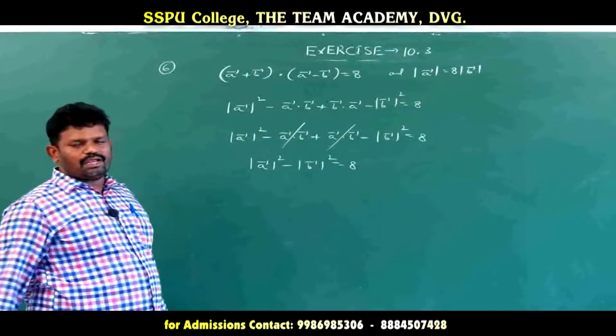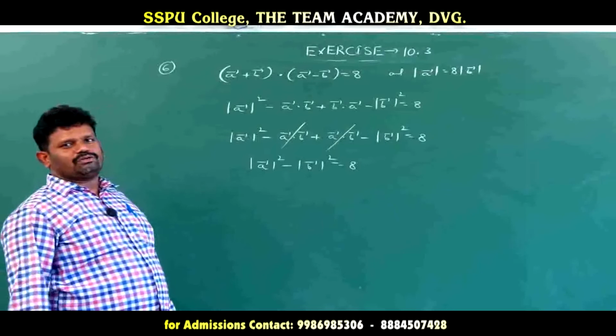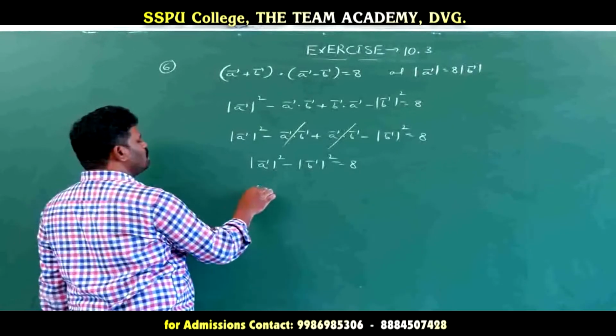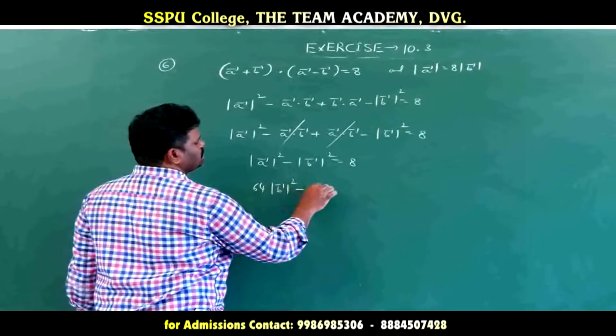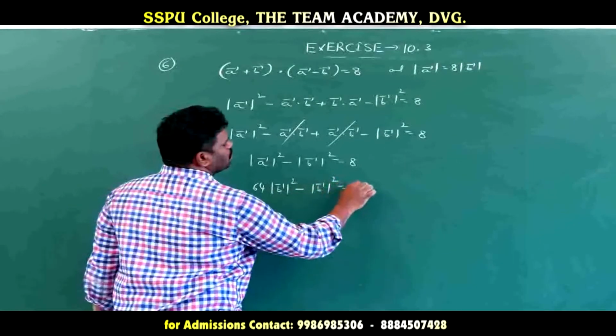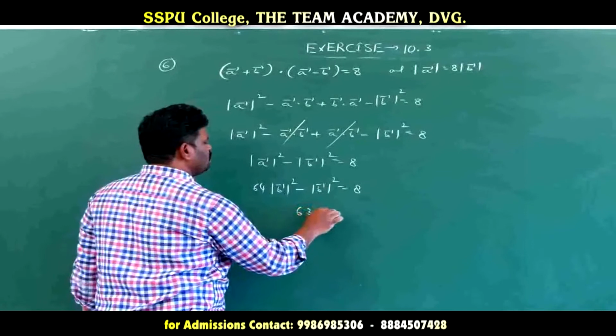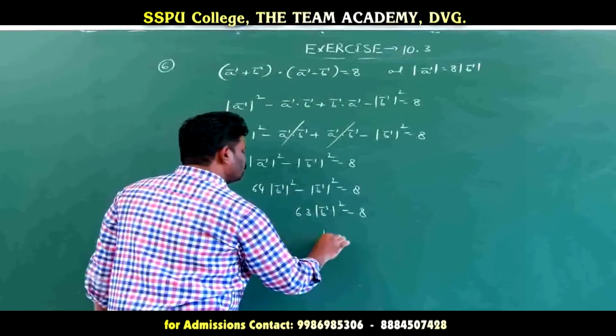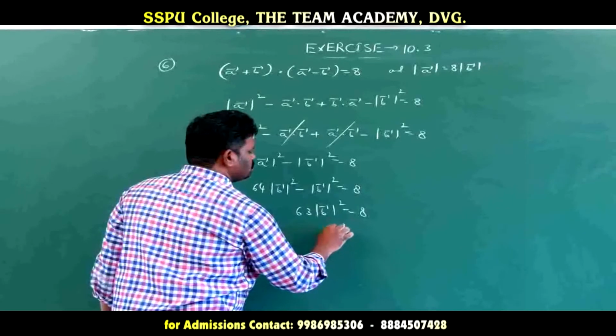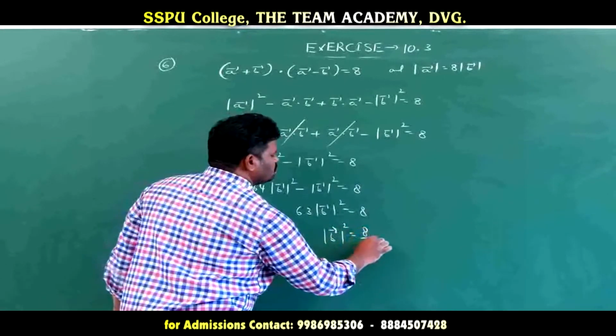Magnitude of a is equal to 8 into magnitude of b bar. So here we substituted: 64 into magnitude of b bar square minus magnitude of b bar square is equal to 8. 63 into magnitude of b bar square is equal to 8. Magnitude of b bar square is equal to 8 by 63.